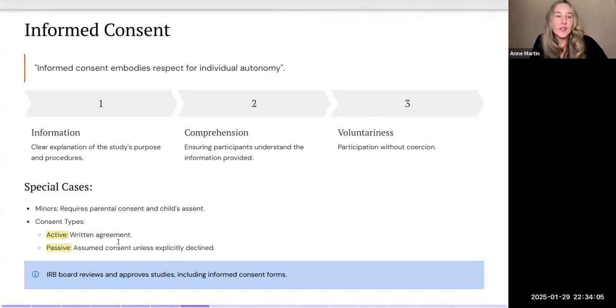There's also another type of consent called passive consent, where the participant is informed that the study is happening and that they are enrolled, and they are assumed to have consented unless they explicitly decline. In most cases, active consent is expected. So in cases where passive consent is being used, the researcher needs to demonstrate a good reason why, and the IRB needs to approve that.